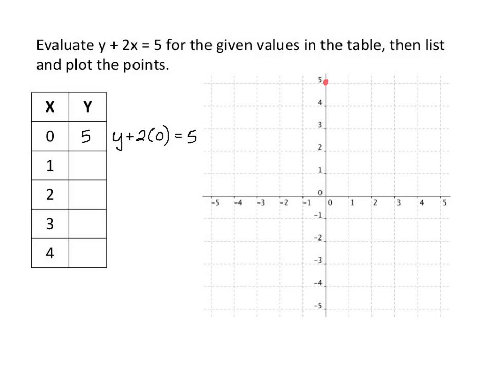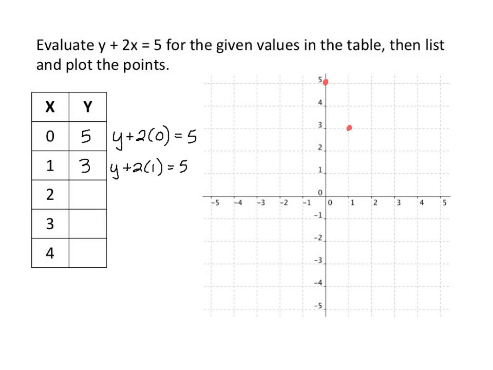My second point is x equals 1, and if we plug this in, I get y plus 2 times 1 equals 5. Since 2 times 1 is 2, and I know that 3 plus 2 is 5, my y value here must simply be 3. So then my next ordered pair is 1, 3, so I'm going right 1, up 3 for my second point.